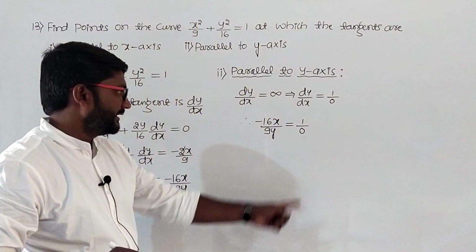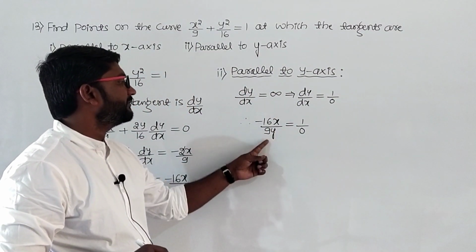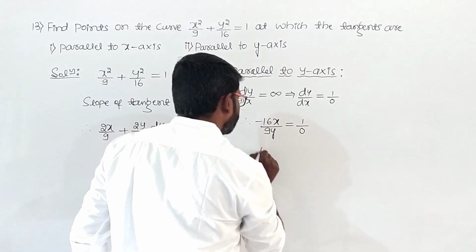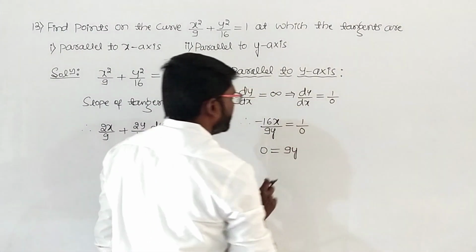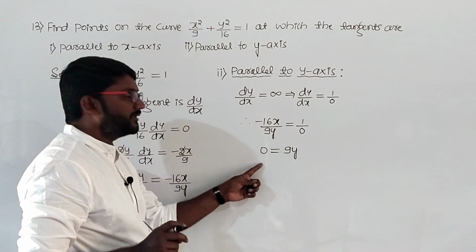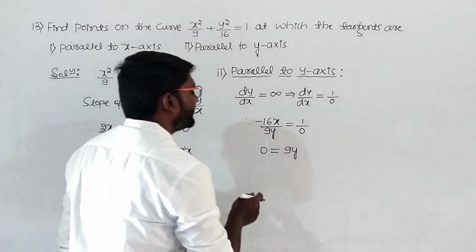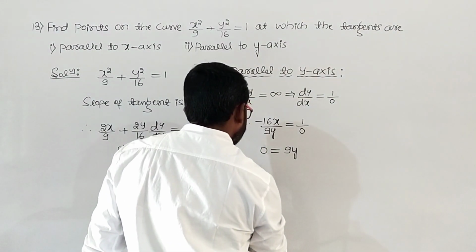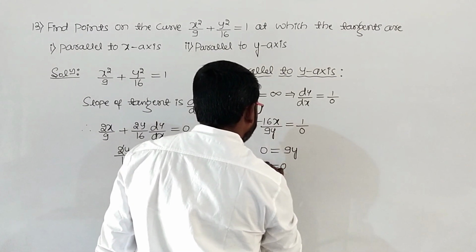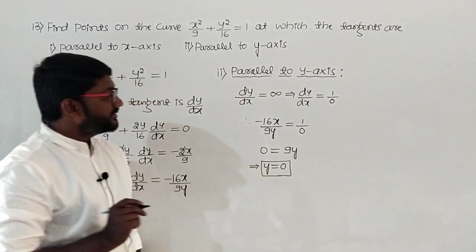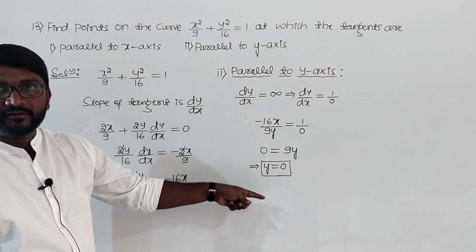So now cross multiplication: 0 will be multiplied with this and 9y will be multiplied with 1. You get 0 which is equal to 9y. Now take 9 to the LHS, it will be divided into the 0. 0 by 9 is always 0. This implies y is equal to 0. Substitute y equal to 0 in the given equation, we get the value of x.